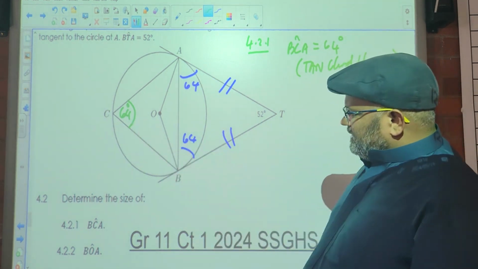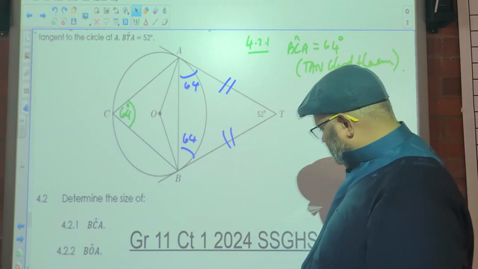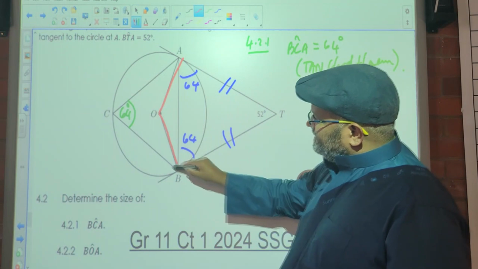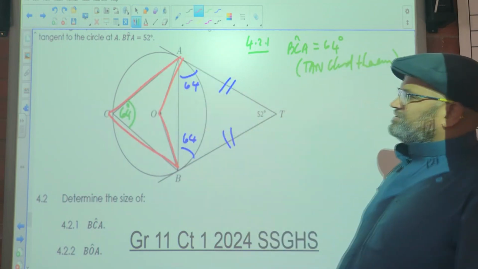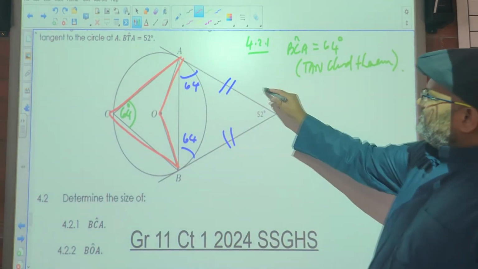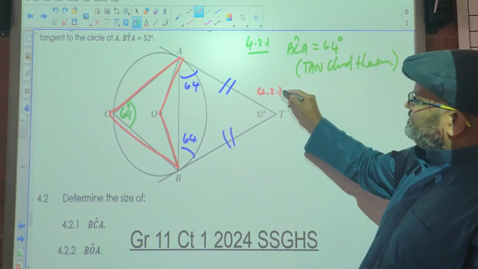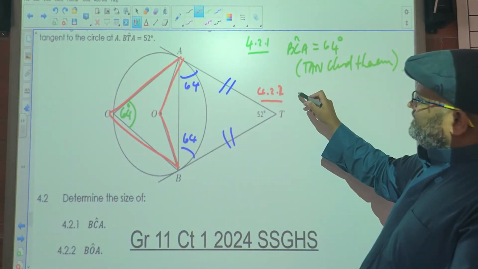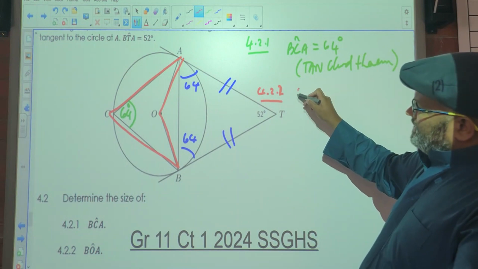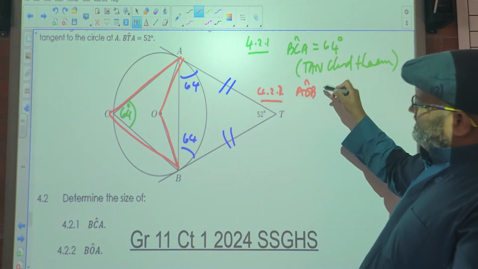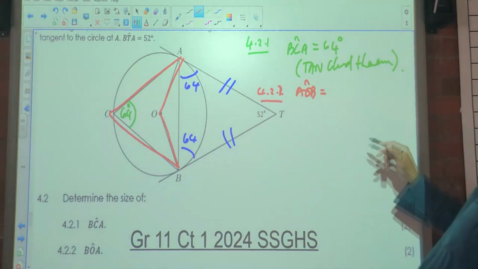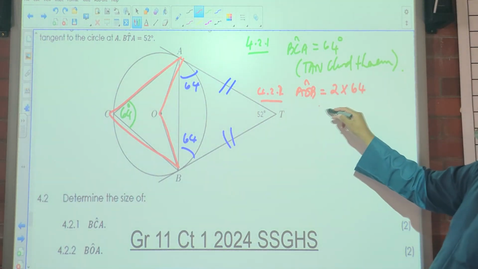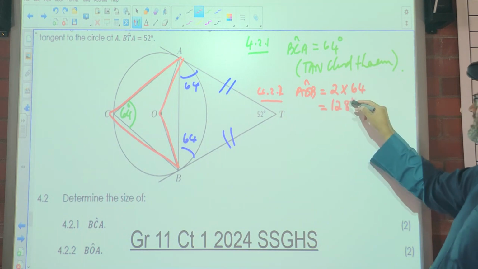Then BOA, which is this angle. Angle at center is twice angle at circumference. So 4.2.2 is going to be AOB is equal to 2 times 64, which is 128.